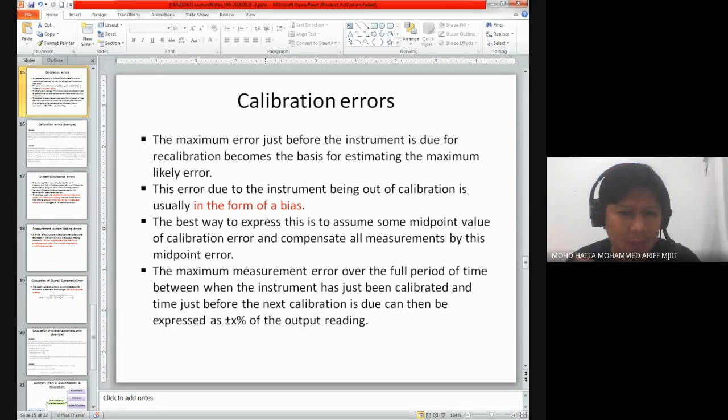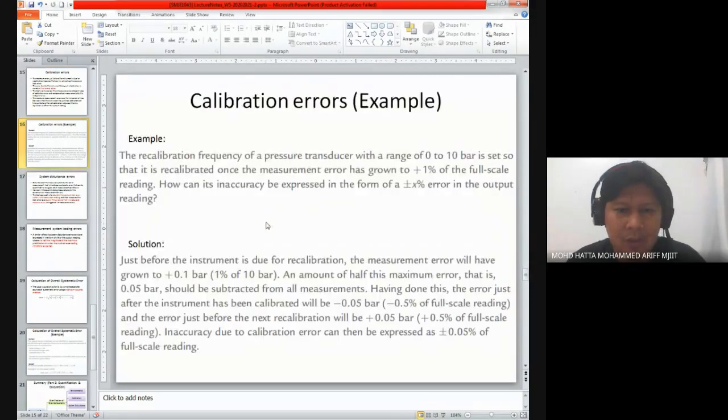So again, first we take the maximum measurement error and take the midpoint value in order to quantify the error due to the calibration.